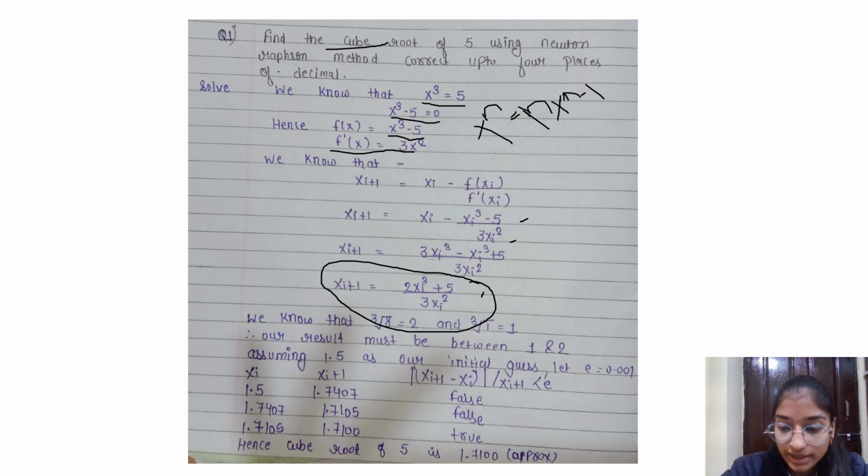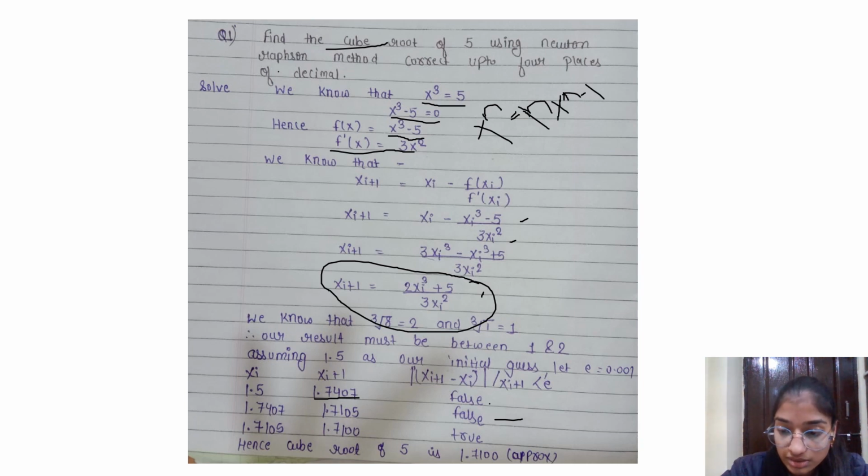Now for i equals 0, we will get our x1 value, the x(i+1) value, as 1.7407, which is not less than e, the precision value, which is 0.001. Again, when i equals 1, we will find x2, which is 1.7105, which is again false.